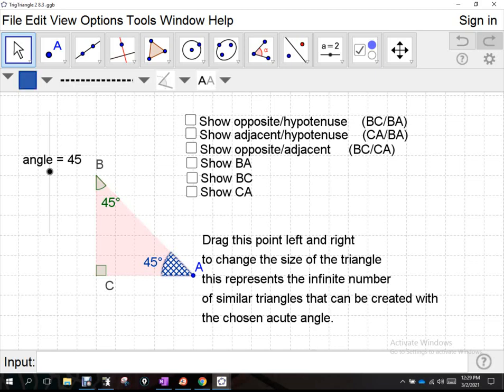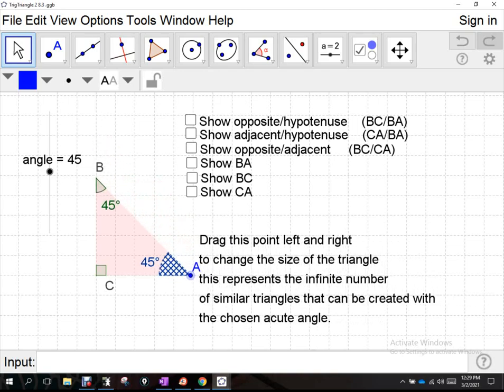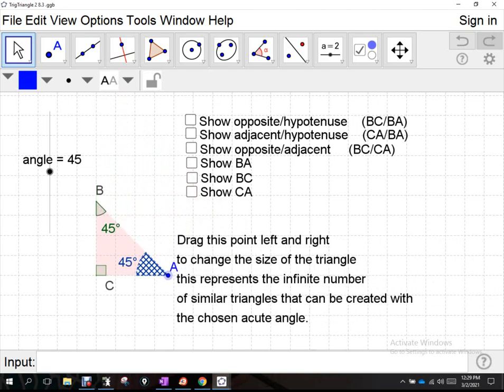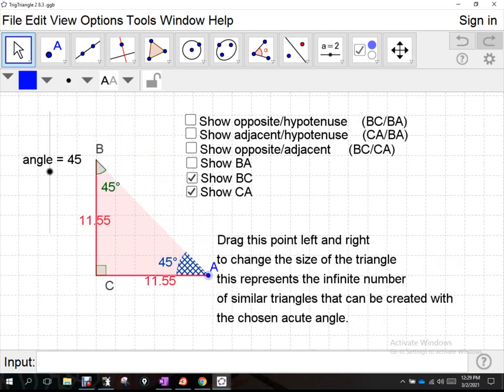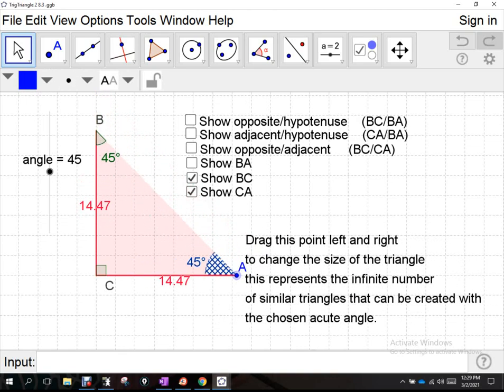So I want to focus on this angle down here that has the blue hashing in it. I can create any triangle that I want of any size. Right now what I want to do is show BC and show AC. As I move this, it changes those sides, right? But when I divide those two things, what's going to happen when I compare that side and that side through division?